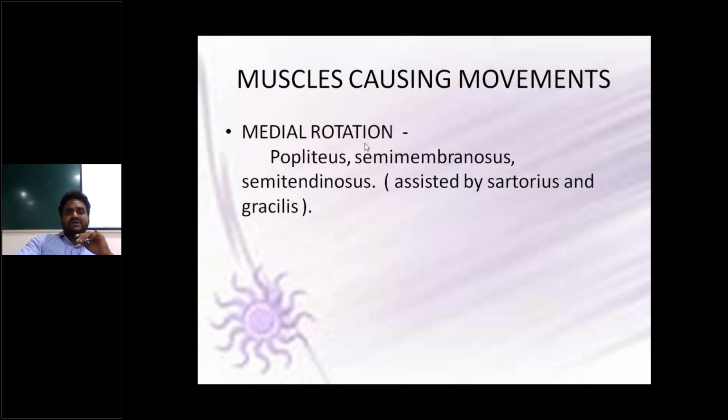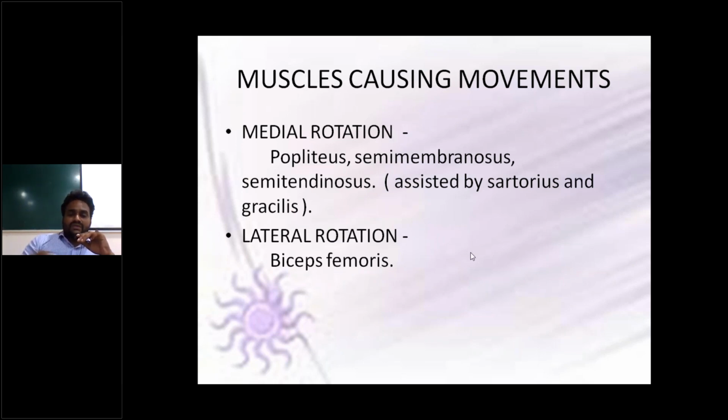Now medial rotation of the knee joint is produced by the popliteus, semimembranosus, and semitendinosus. These are the muscles medially related to the knee joint, except popliteus. And lateral rotation is by the biceps femoris. This muscle is laterally related to the knee joint. So the muscles anteriorly related to the knee joint are the extensors.